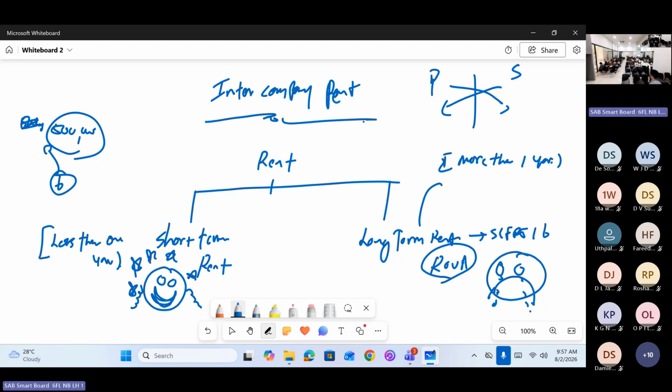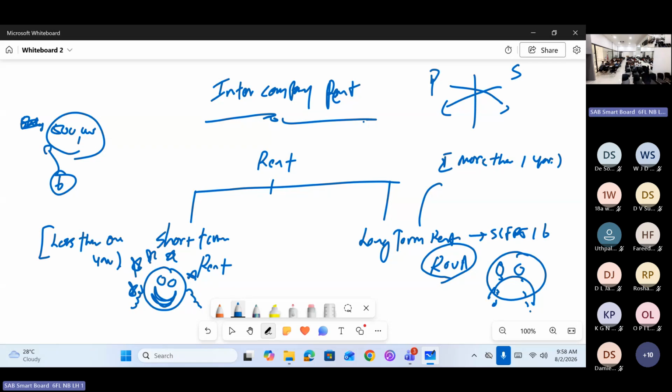Both parties recognize the asset and the ROUA liability. What are we supposed to do? We need to eliminate this transaction.